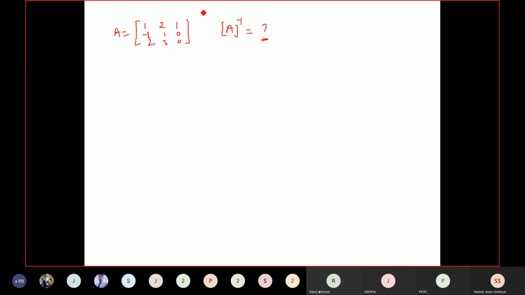Those who are preparing for competitive examinations have done the shortcut method in mathematics, so try to find it. I hope you will be able to find it.